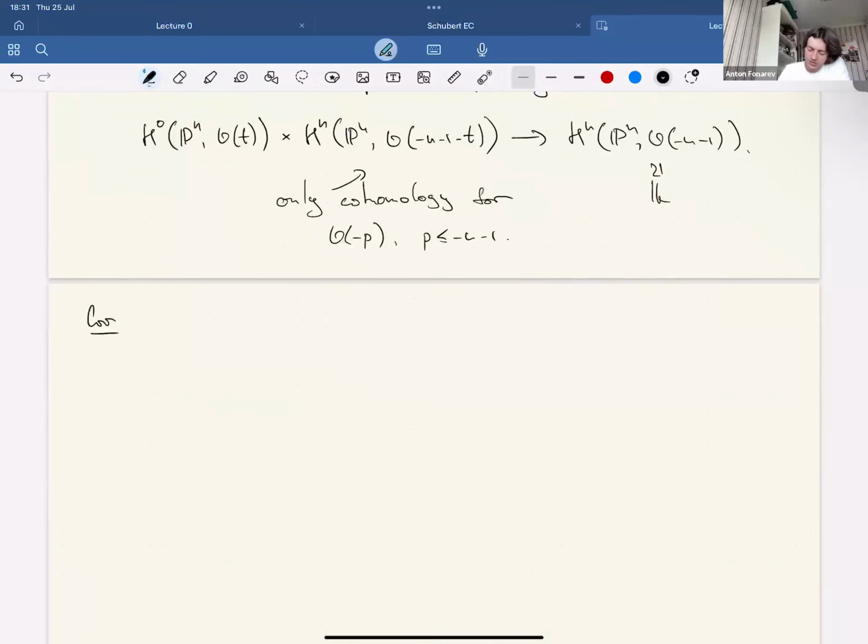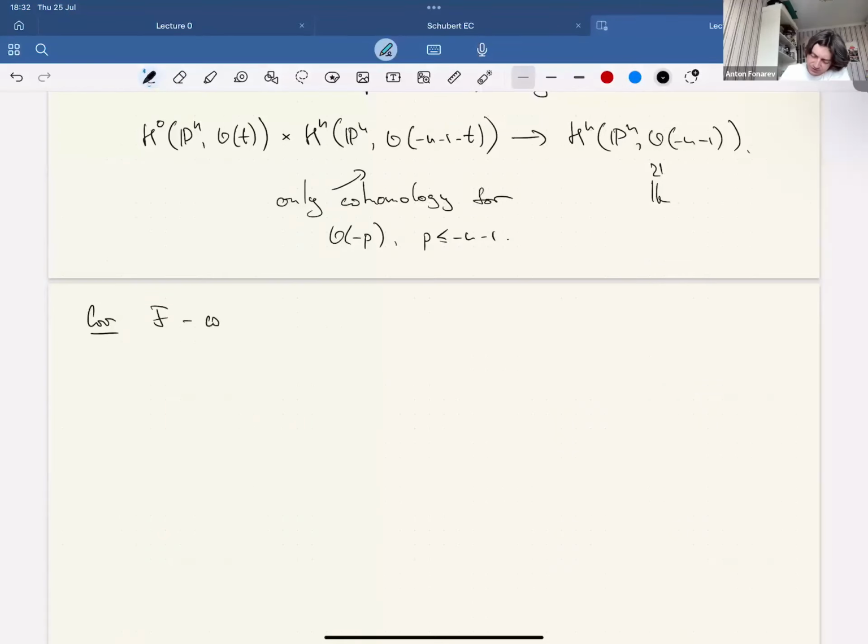So corollary. One corollary is that if F is a coherent sheaf, not quasi-coherent. So let's switch to our varieties.